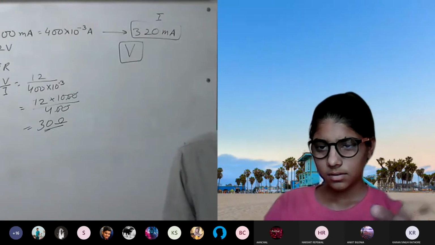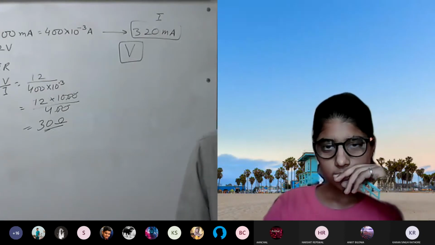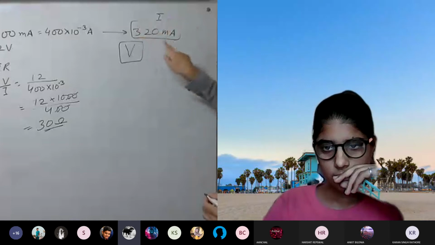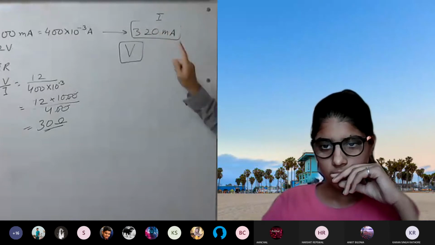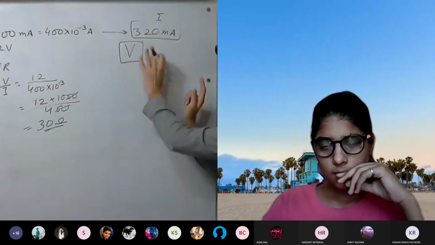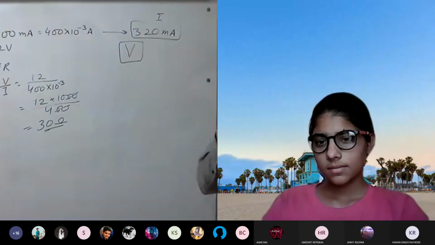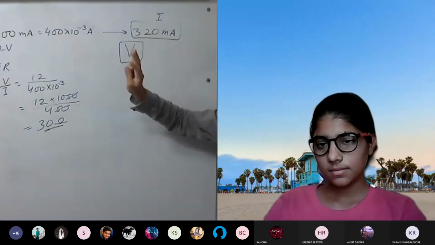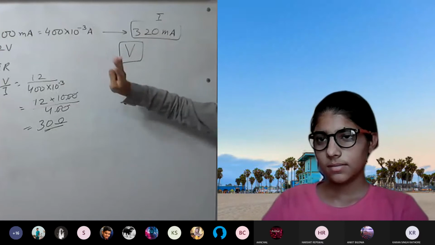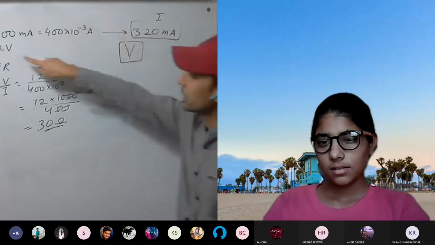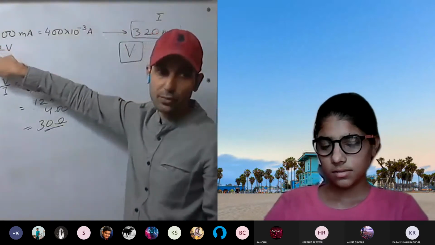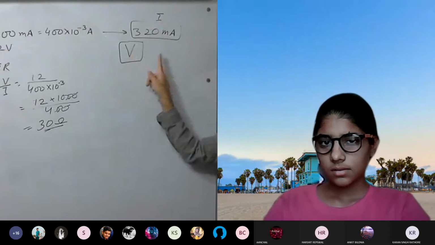Current is already given. It means that this is the terminal voltage only. This 12 volt is terminal voltage. EMF is not into consideration now. The internal resistance of the cell is not provided and no EMF is provided, so we are not considering EMF. This is the terminal voltage you'll be considering. V equal to 12 volt. Here as well, terminal voltage.